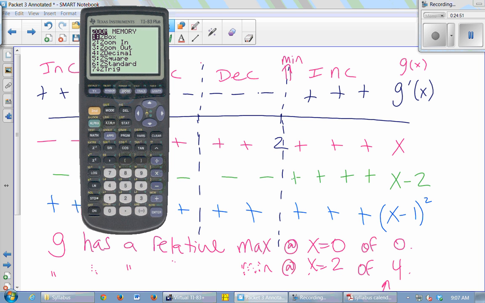And we'll just do zoom 6. Yeah, we have an asymptote at x equals 1 and a relative max at 0, 0. And then we have the asymptote, and so it jumps over there, and we have a minimum at x equals 2 at a height of 4.